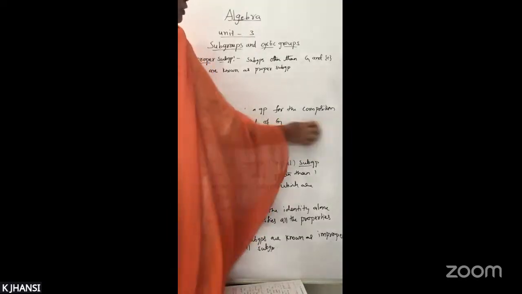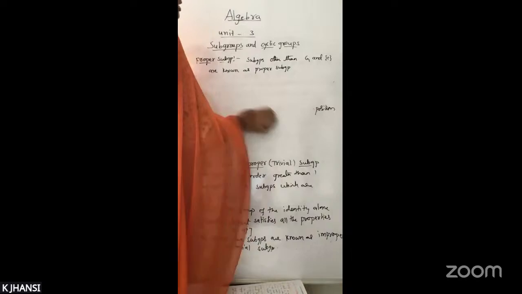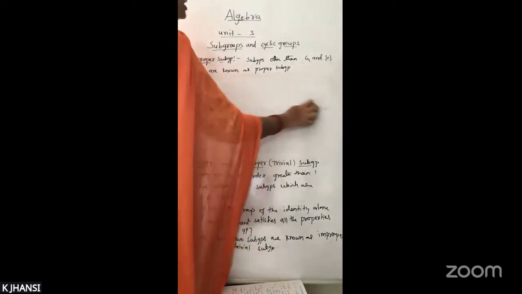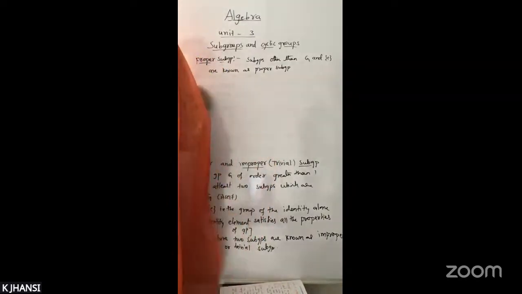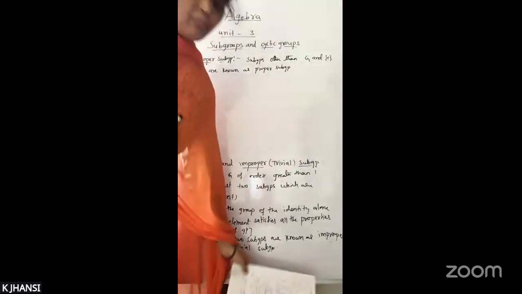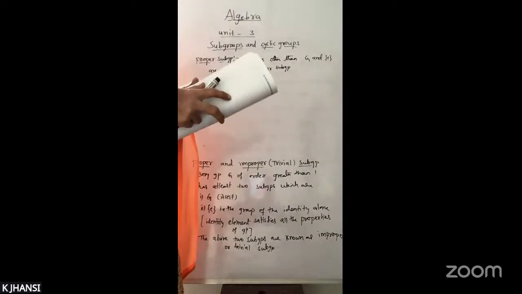With respect to whatever operation we have, with respect to the same operation, it has to satisfy all the properties. Okay. Then only we call H a subgroup of G. So it depends on the operation here.